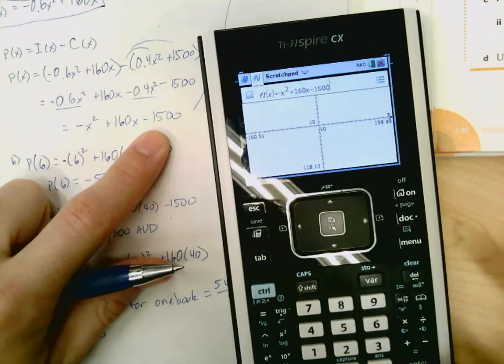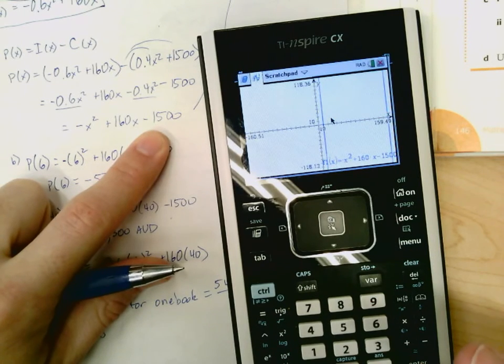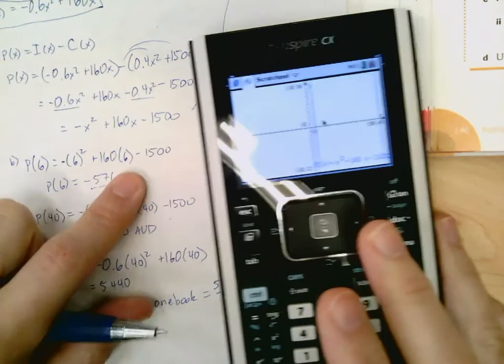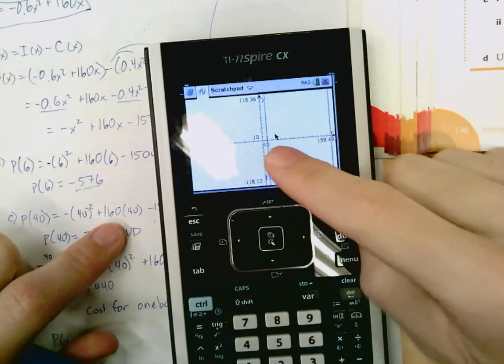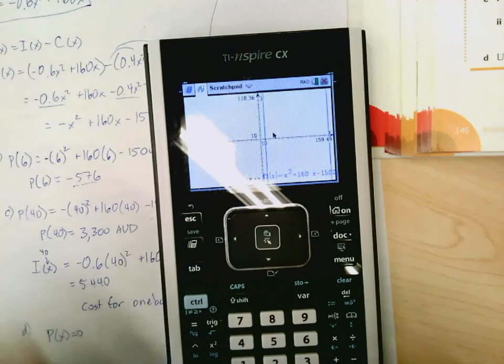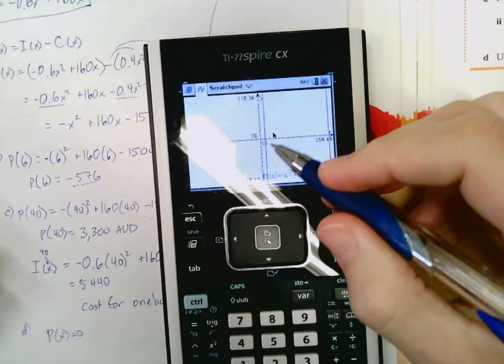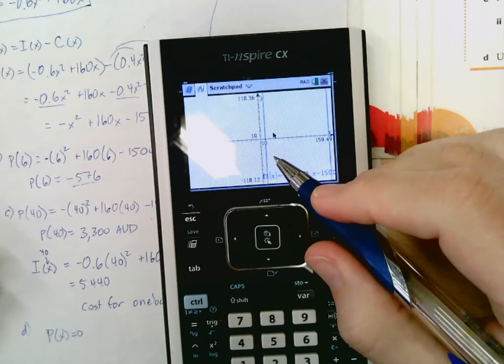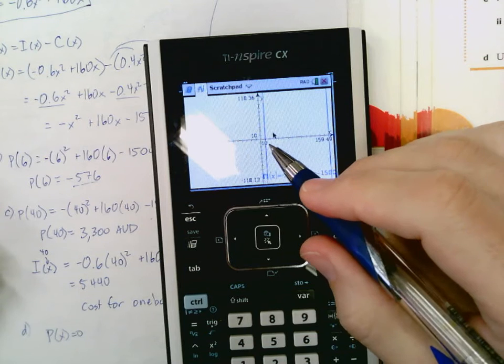I'm going to push enter. Whoa! I got a nice picture there. Look, I got a couple of curves. Now, you could get the answer from this. You really could.